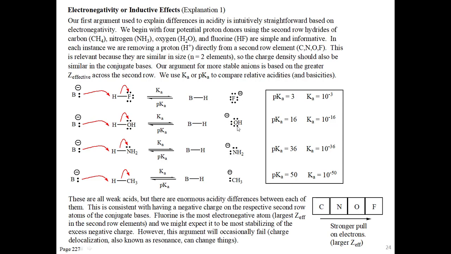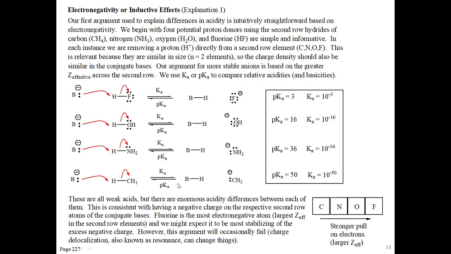If we compare nitrogen to oxygen, we can see that the nitrogen anion is much less stable than the oxygen minus anion. 10 to the minus 36 compared to 10 to the minus 16. So because of the electronegativity, or the Z effective, the ammonia is a much weaker acid. Pretty straightforward.